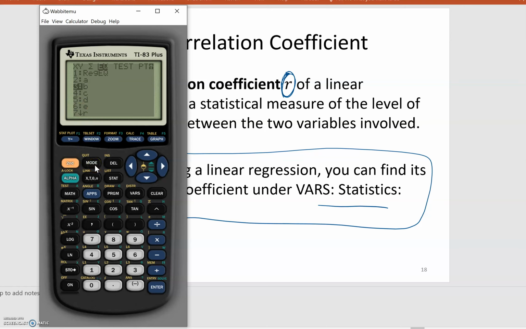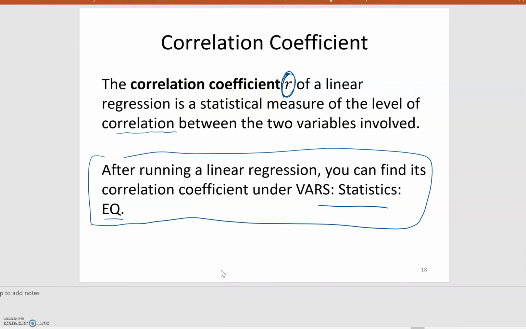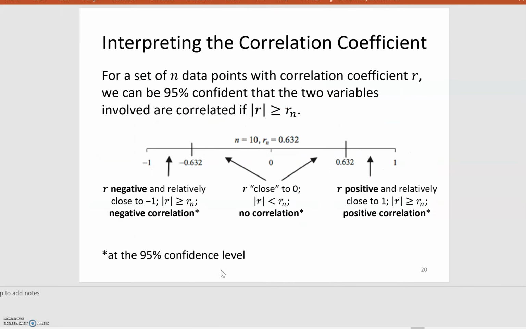But anyway, that's how you get the correlation coefficient. We would just scroll down to that R value and hit enter, and then it would bring it up. So the nice thing about the correlation coefficient is it's not something that you actually have to compute. You just have to click a few buttons and go to it on the calculator.